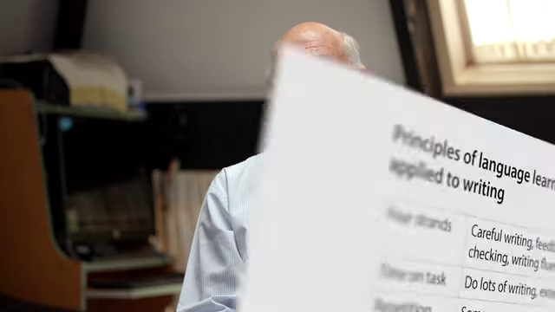You don't get good at writing by not writing. You get good at writing by doing lots of writing. And so the teacher needs to make sure that there are plenty of opportunities for different types of writing and different kinds of writing within a language course.